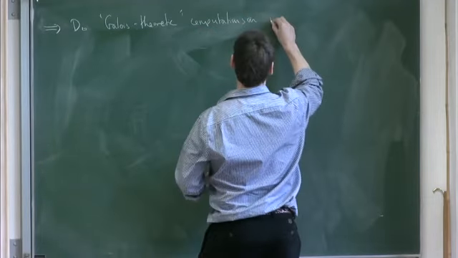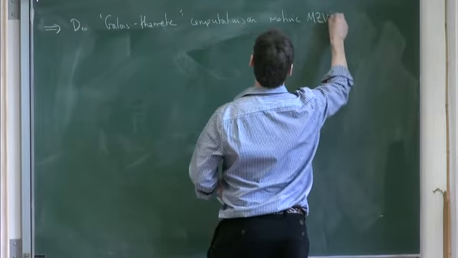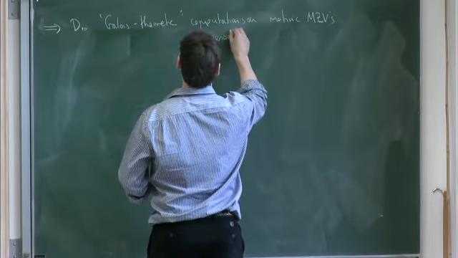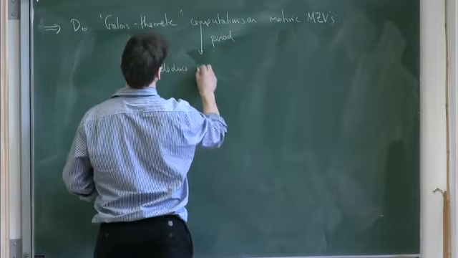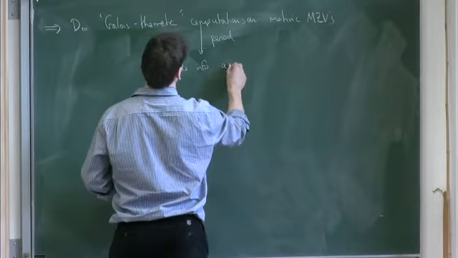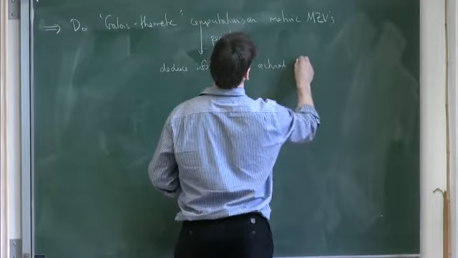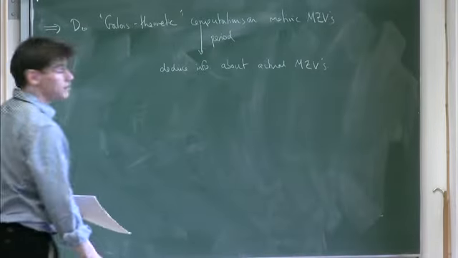On motivic MZVs. And then by applying the period map, we deduce information about actual MZVs. And the point is that this map actually goes both ways.